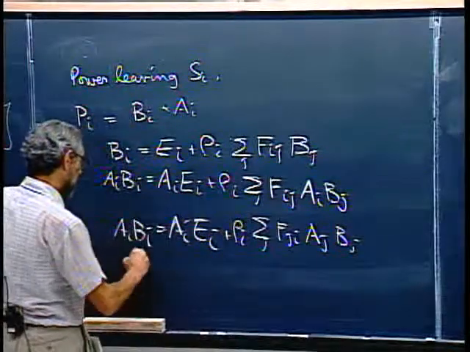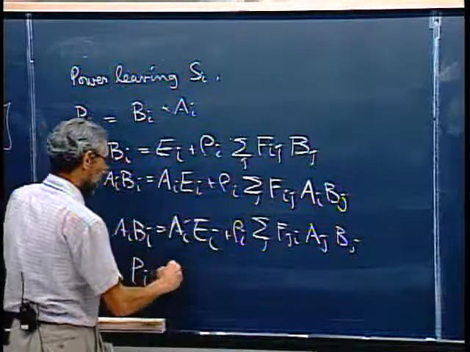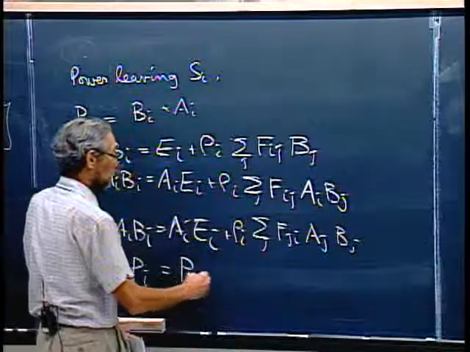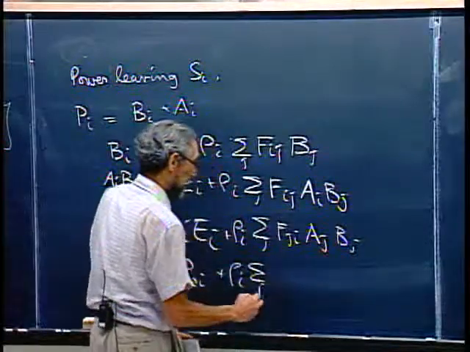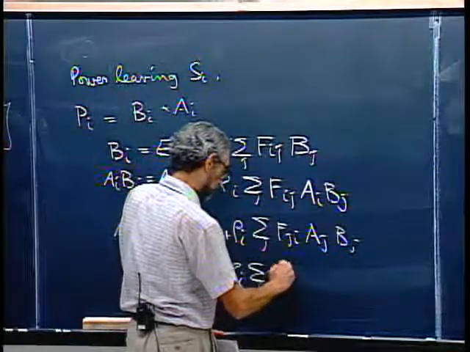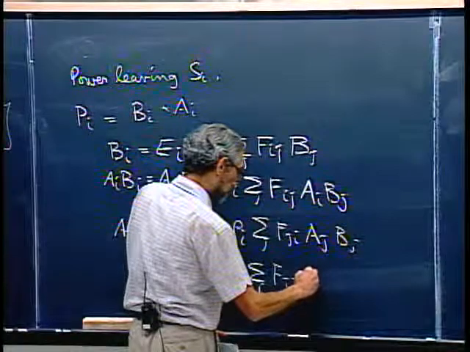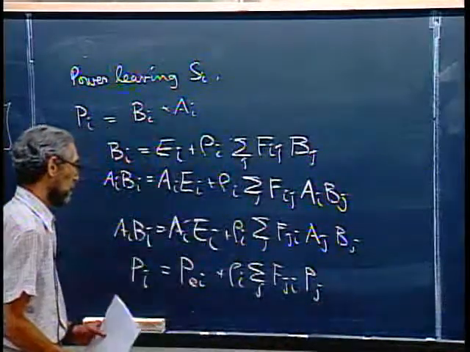And so this is the power on i. This is what they call the power emitted on i, this product, plus rho i, the sum over j of Fji times the power on j.